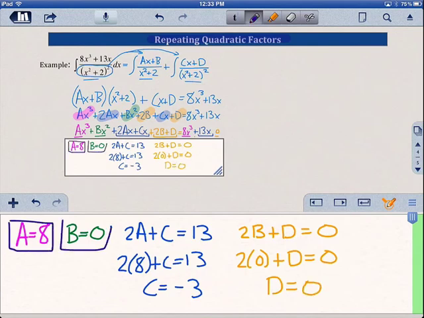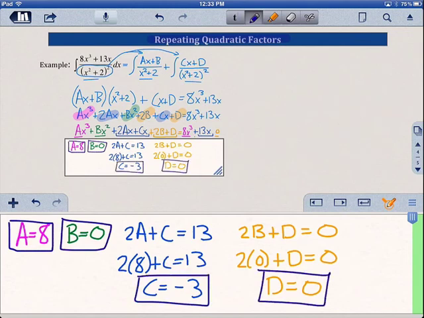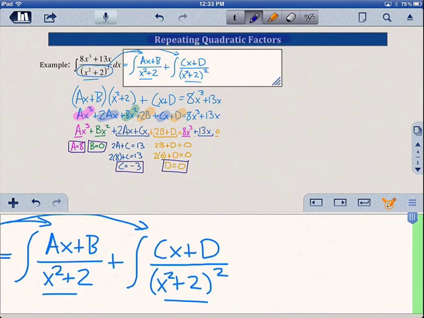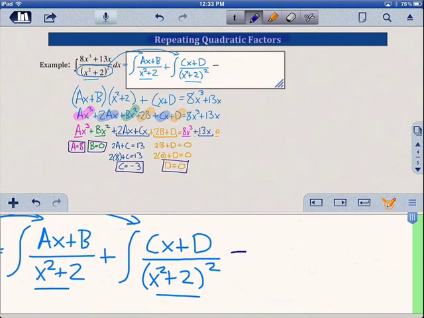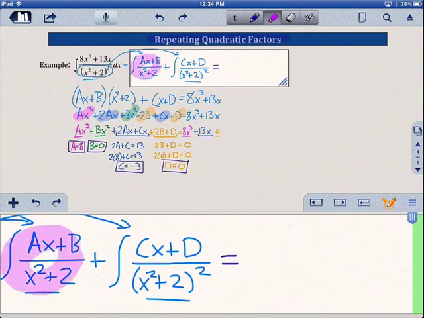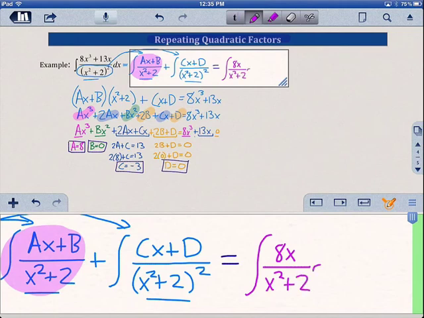Okay, so we have our a, b, c, and d now, and let's go ahead and substitute into our expanded fraction here. So looking at our first integral, let's substitute in for a and b. So I get the integral of a, which is 8, so 8x, and then b is 0, so over x squared plus 2 with respect to x.